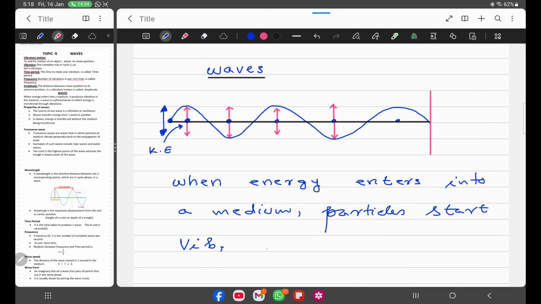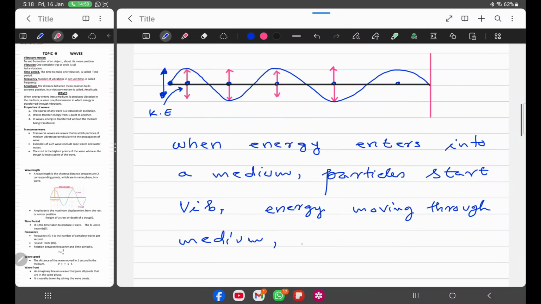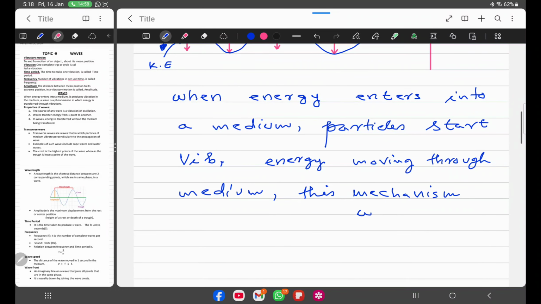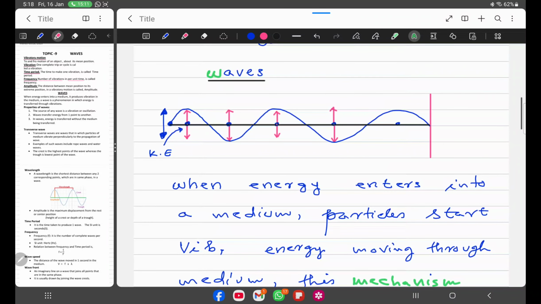And by this vibration, energy travels through the medium. This mechanism is called wave. So we can say the mechanism of transfer of energy, all kinds of energies are transferred by wave motion.